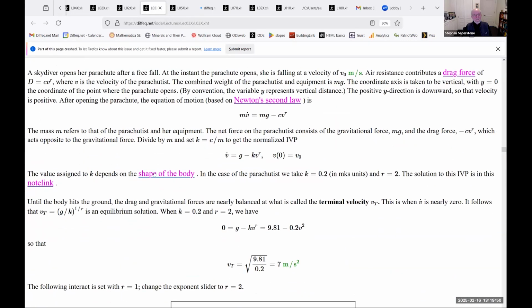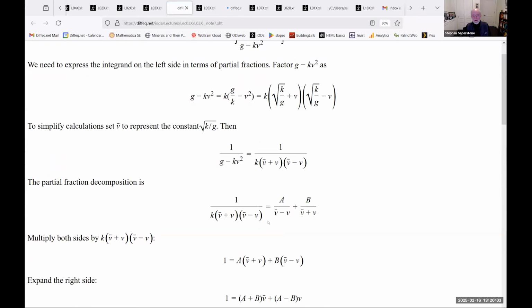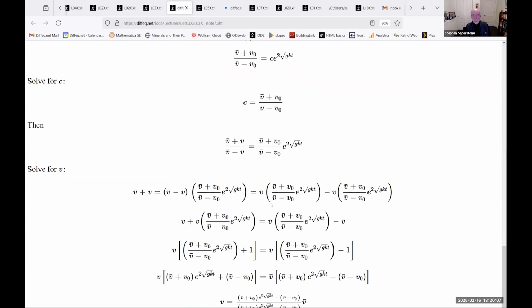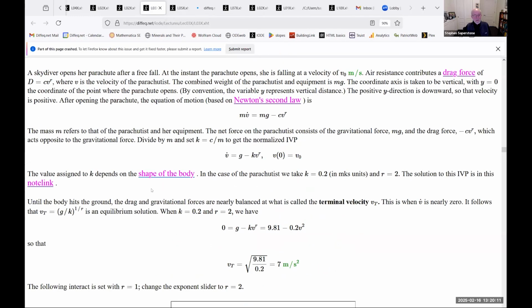And then discussions of the various parameters in here. And then again, the solution to this differential equation, which is kind of complicated. It goes through quite a few steps, but at least it's there in case you get frustrated and try to do it on your own.